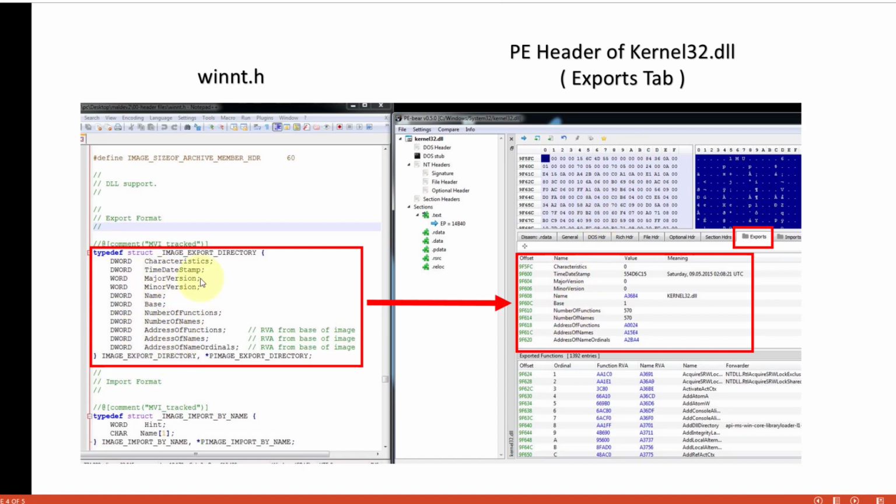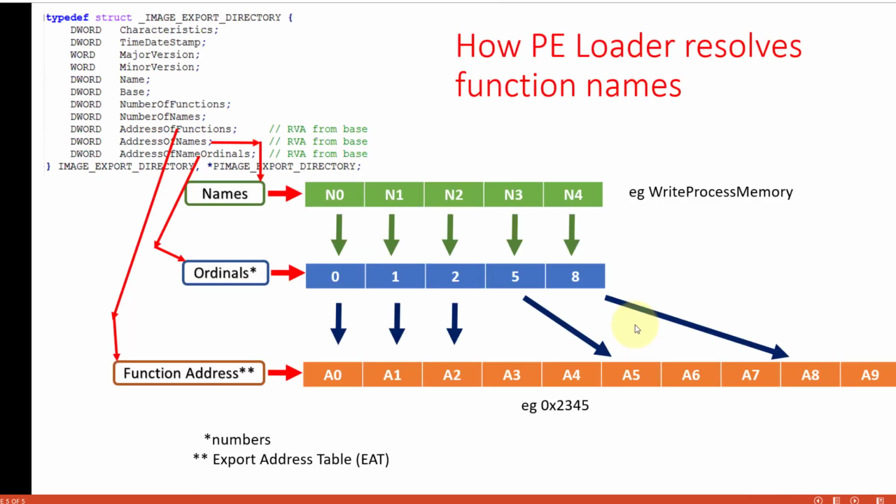On the left is your source code, on the right is your hex view of the PE header. So let's try to understand how the PE loader resolves the function names. When the program wants to run, the PE loader will load the file into memory, and part of the process of loading the file involves trying to resolve the function names.